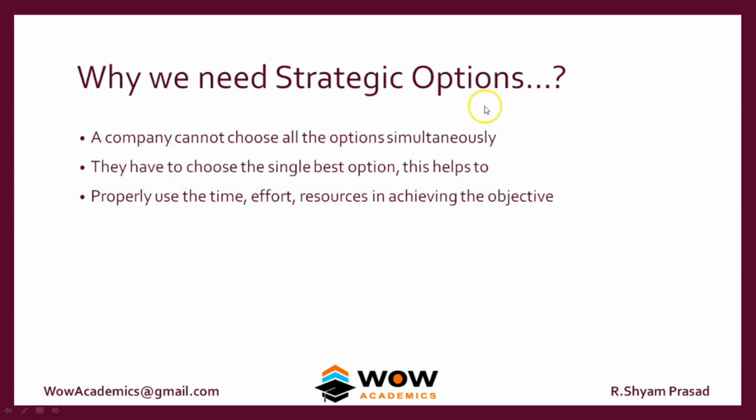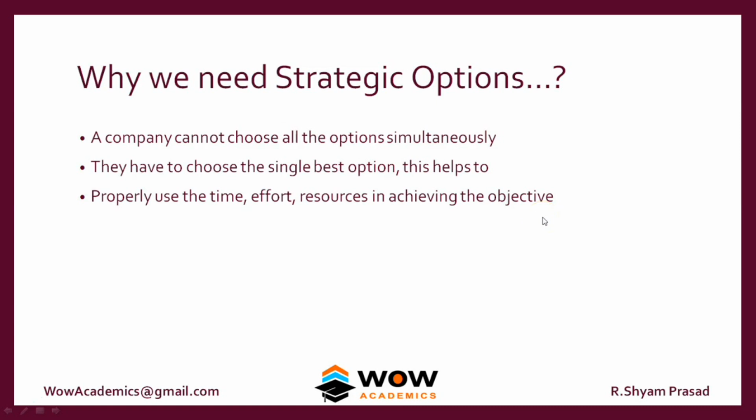Why do we need strategic options? Number one, a company cannot choose all the options simultaneously. Just because opportunities are available, a company cannot choose all the opportunities. They have to choose the single best option. Only one option can be chosen, and that is to properly use the time, effort, and resources in achieving the objective.